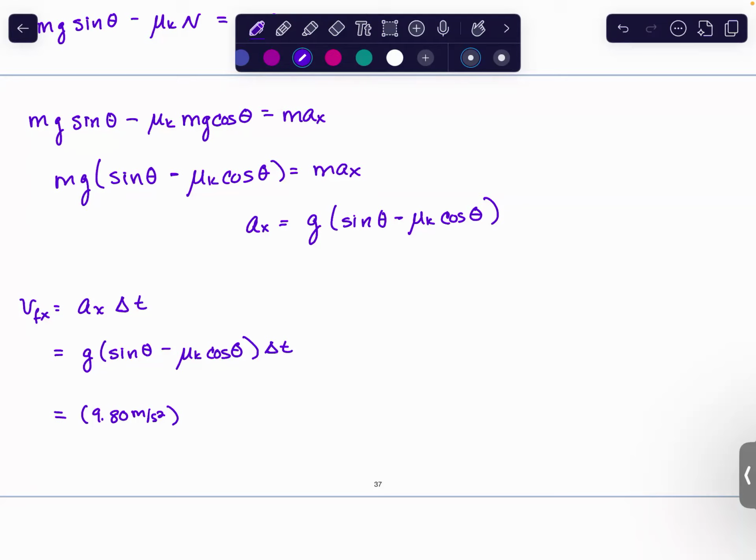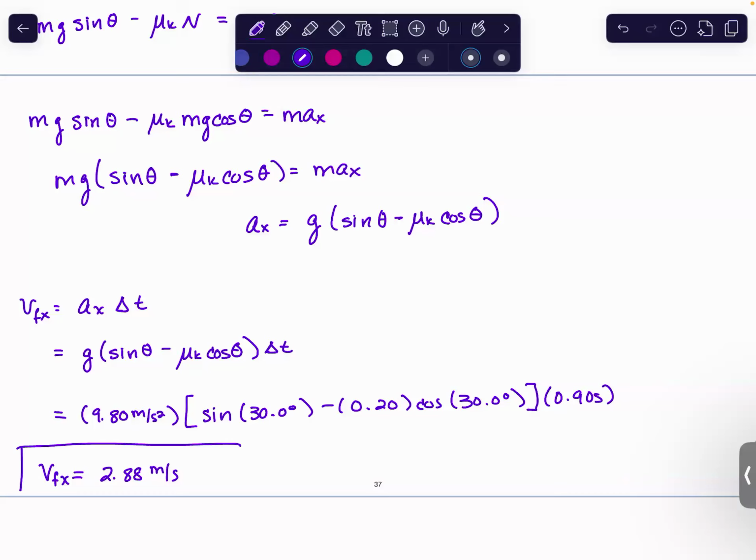So it'd be 0.9 seconds minus 0. Then you end up with about 2.88 meters per second.